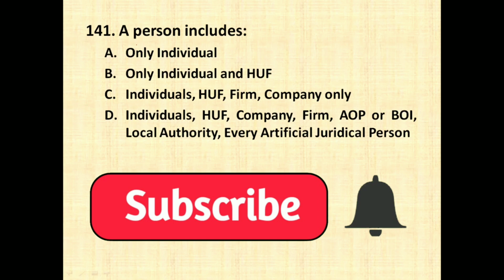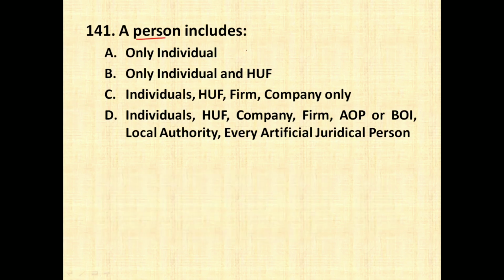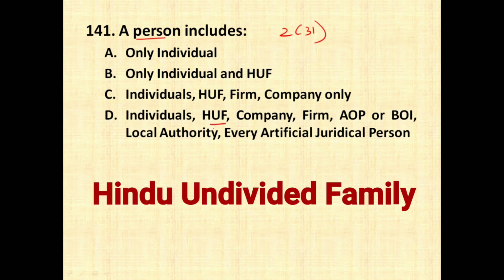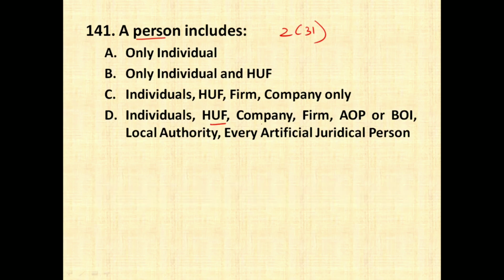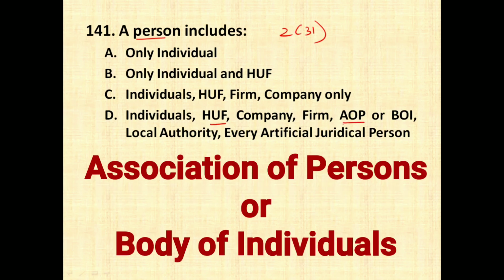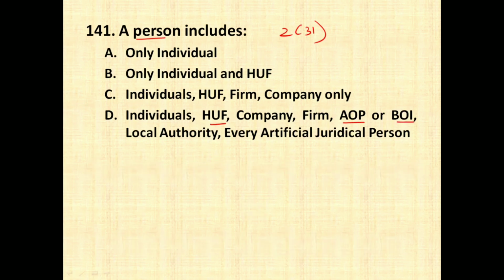So as per the Income Tax Act of 1961, person has been defined under section 2 subsection 31 of the act, which says that person includes individual, HUF, which stands for Hindu Undivided Family, company, firm, AOP stands for Association of Persons, BOI stands for Body of Individuals, local authority, and every artificial judicial person. So option number D is the correct answer for this question.